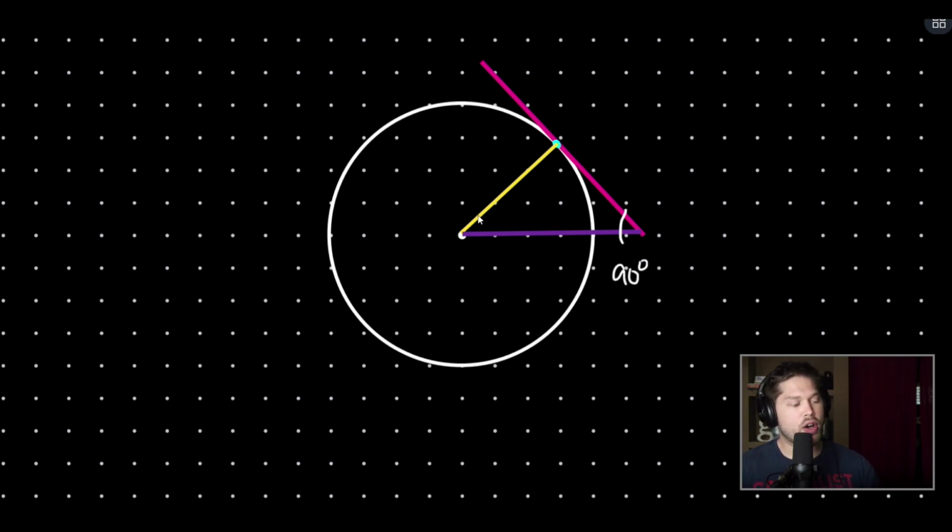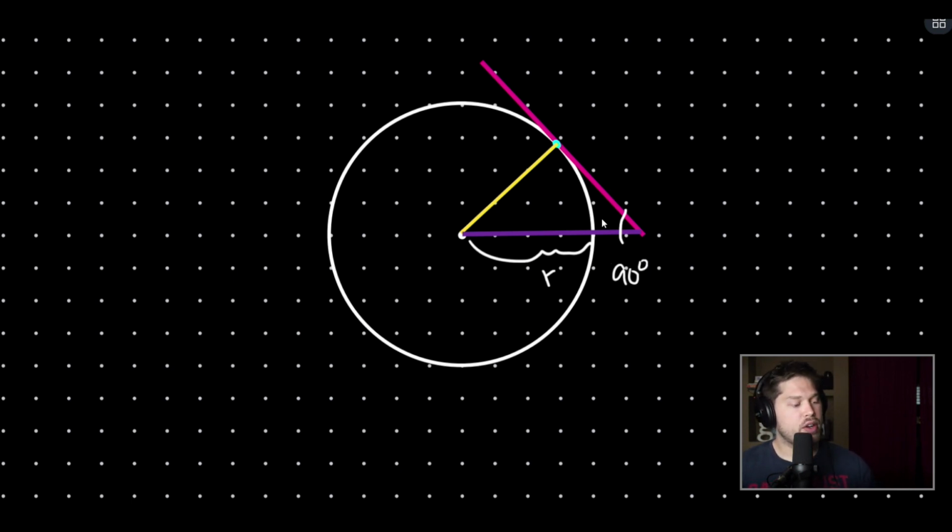Well, notice that our yellow line is a radius of our circle. And notice that our purple line is a radius plus a little bit extra. Well, we know that the hypotenuse, the longest side of a right triangle, is always opposite our 90-degree angle.